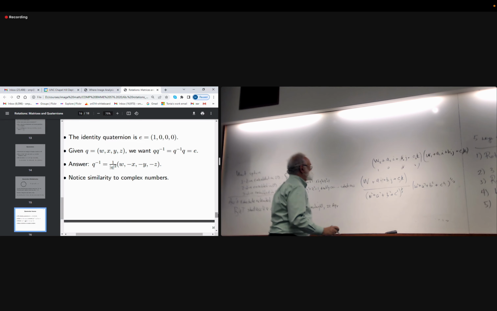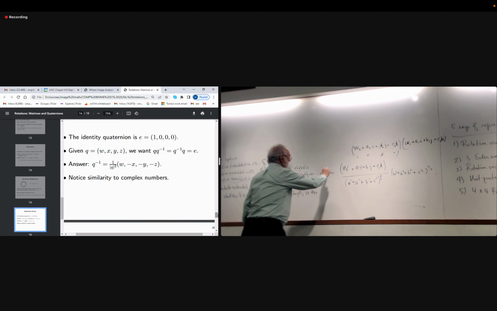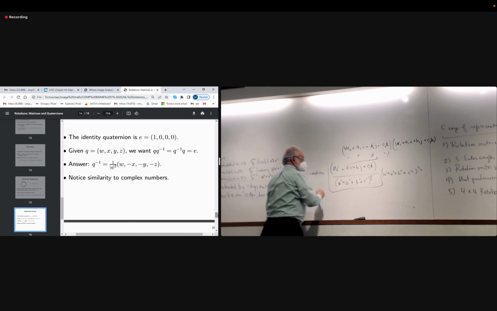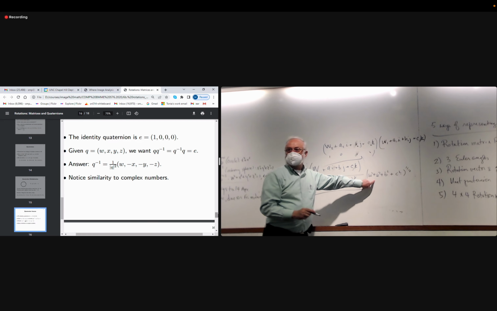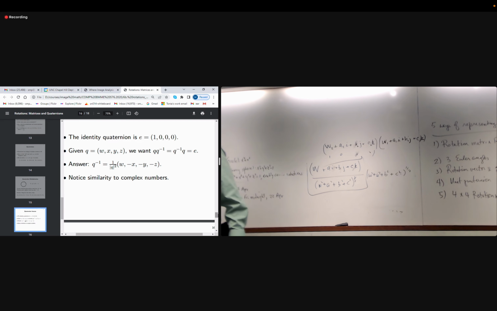Okay, so I still have an arbitrary quaternion here, but this guy is a unit quaternion, and this is a constant, a scalar multiplier. So a non-unit quaternion is simply a unit quaternion multiplied by a constant, and the constant is the square root of the sum of squares of its 4 entries.